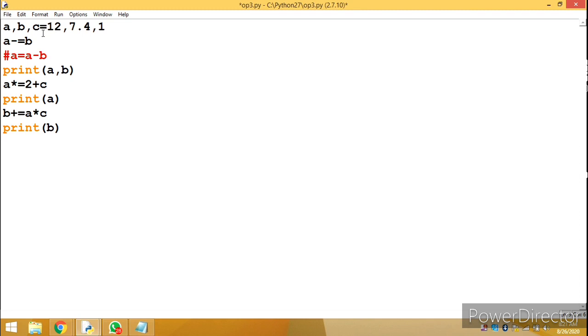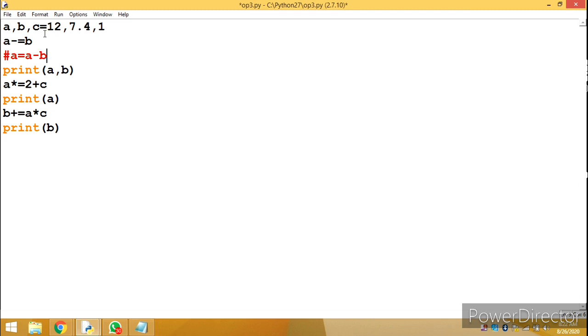Print A, B. Sir, 4.6 and 7.4. 4.6 and the other B value will be 7.4. Okay, the value of the first line.